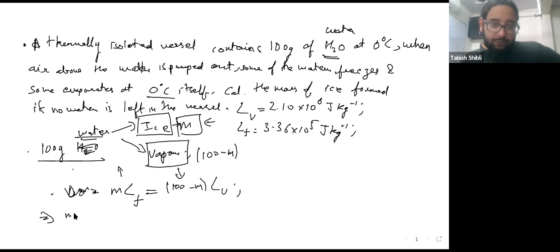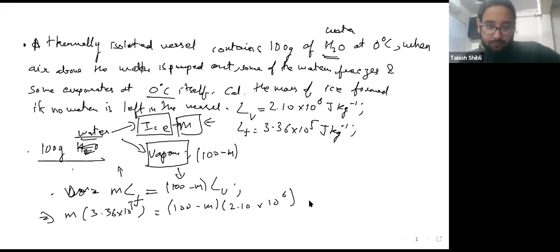So just put in the values now. 2.1 into 10 to the power 6 divided by 3.36 into 10 to the power 5, and so on and so forth.